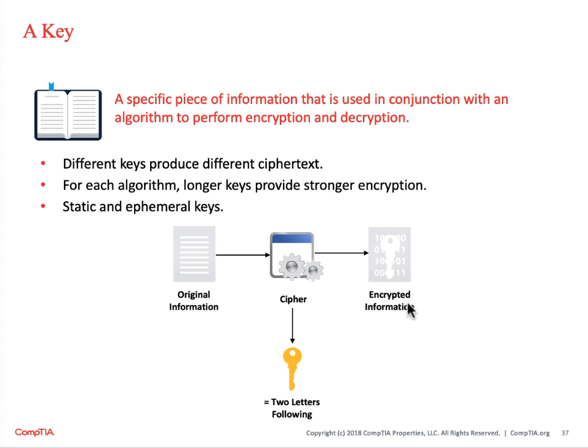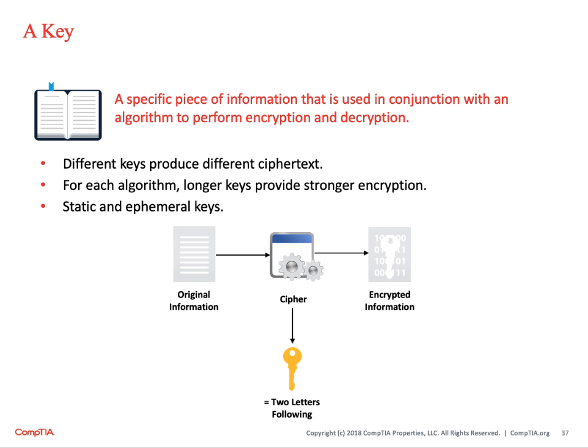That gives us our encrypted information. So the original information plus the cipher, the algorithm, and a key is going to give us an output. Somebody else's key would give us a different output on that encrypted information as well.